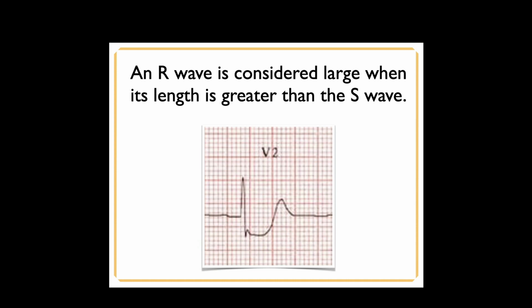A large R wave in those leads, V1 and V2, is sort of enough to suspect a posterior STEMI. Upright T's by themselves with no ST depression, no large R waves, not important. So the combination of the 3 is important, but I really want to emphasize it's the ST depression that is the most important.